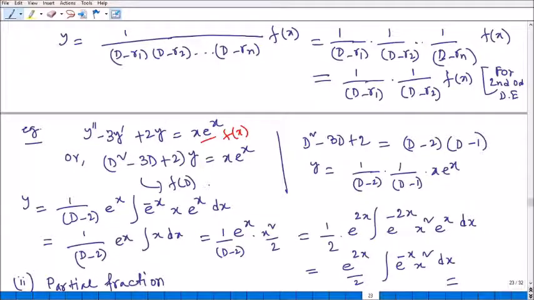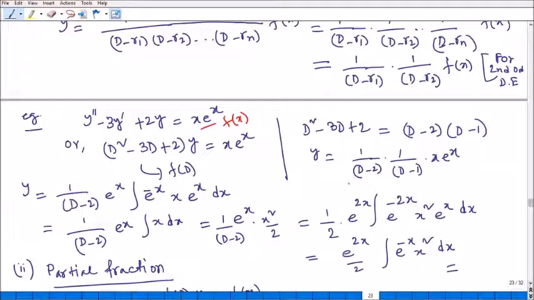Here the successive integration method is used to solve this differential equation, and the equation is written as d square minus 3d plus 2 into y equal to x e to the power x, and d square minus 3d plus 2 is factored into two terms, that is d minus 2 into d minus 1.